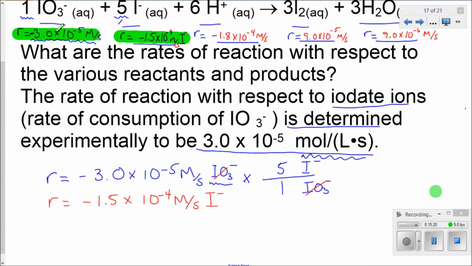Knowing that, you can also just simply calculate it using similar steps to stoichiometry, the rates of every other single component in this balanced chemical equation. And the rates that I've highlighted here, the ratios are 1 to 5 to 6 to 3 to 3. It goes along with the balanced chemical equation.